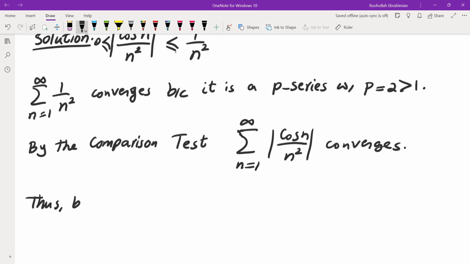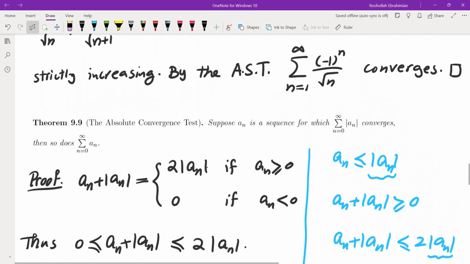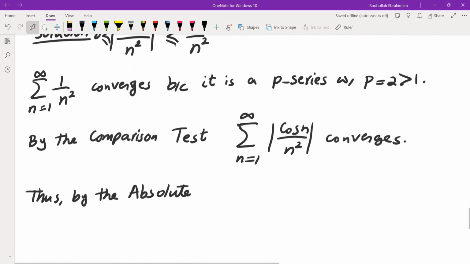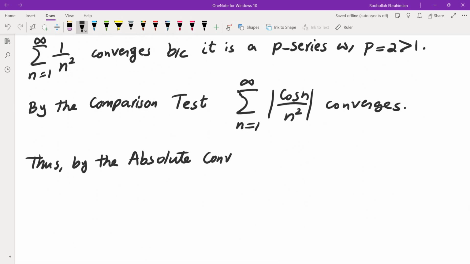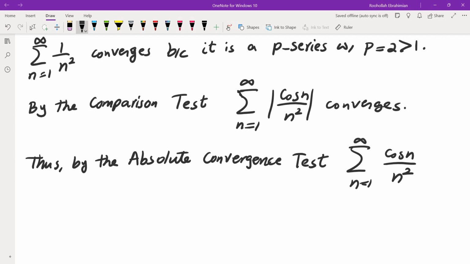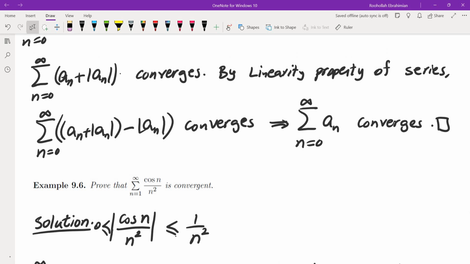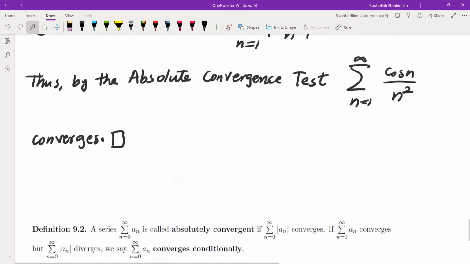Thus, by the test that we just proved, called the absolute convergence test, the series cosine of n over n squared converges. And that's exactly what we wanted to prove: the series cosine n over n squared is convergent.